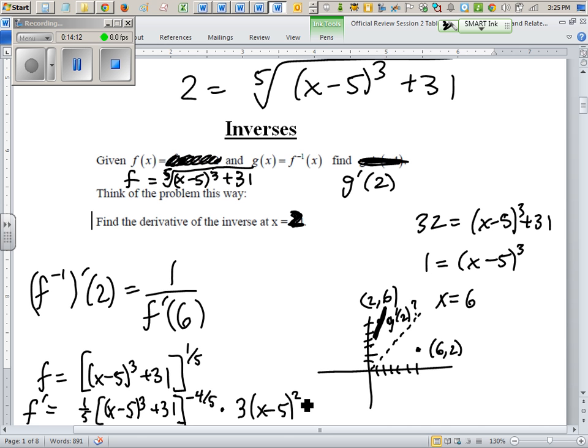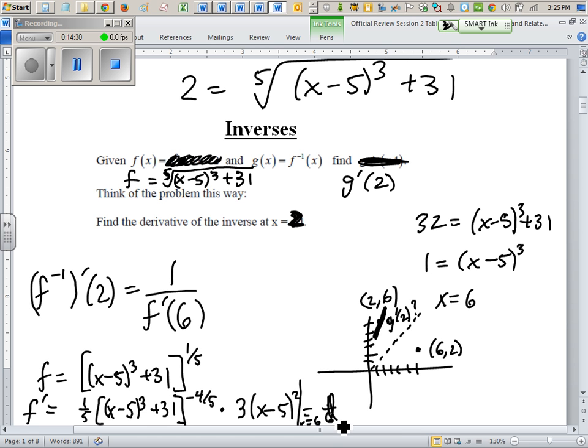So before you panic, you're plugging in 6, okay? 6 is actually a pretty friendly number here. It's supposed to have a little bar, and then x equals 6 down there.